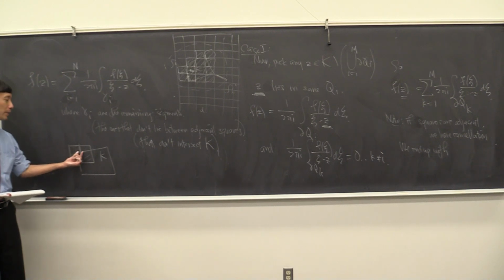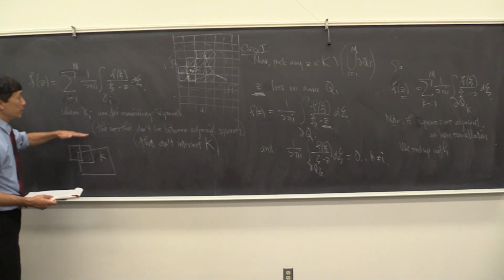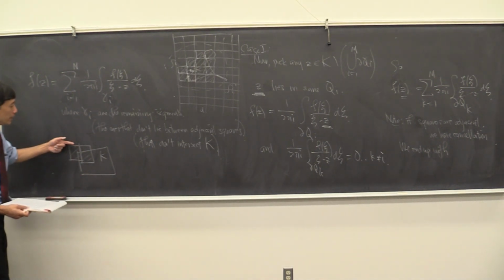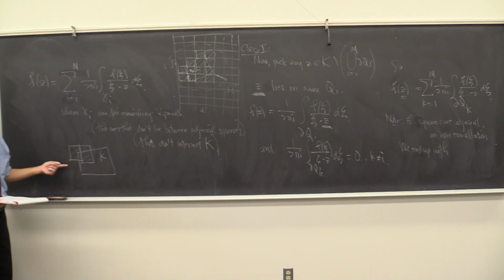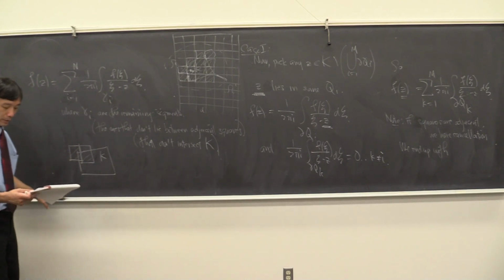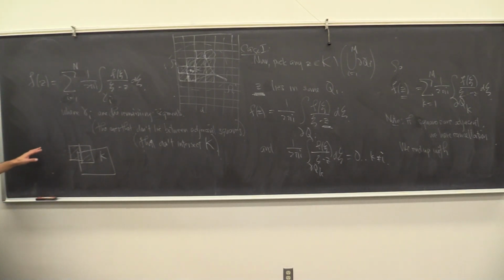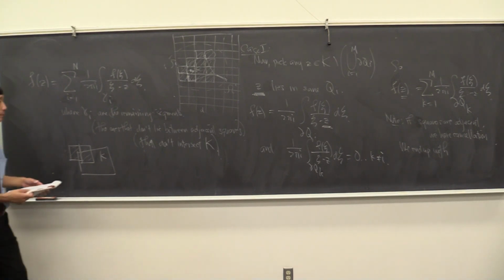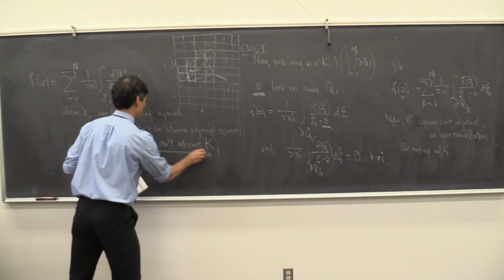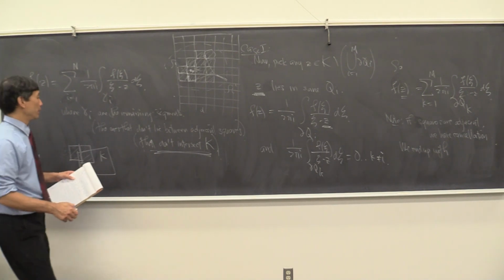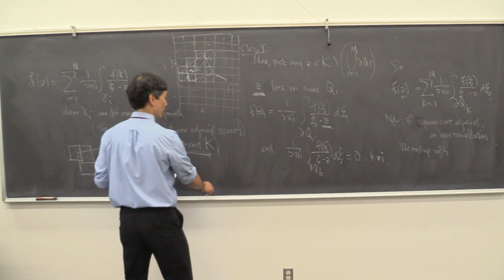And so that's going to cancel out. So the only stuff we have left are going to be the sides that don't intersect K. Does that make sense?